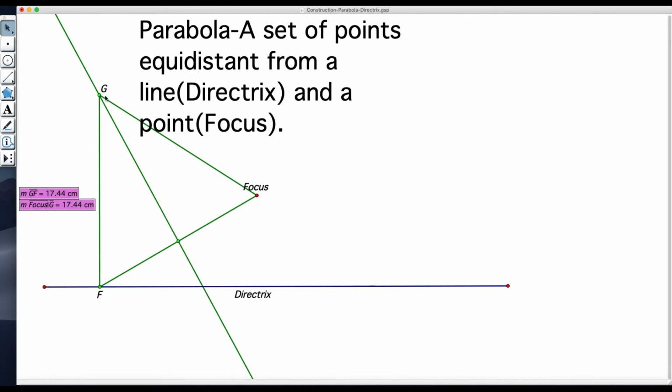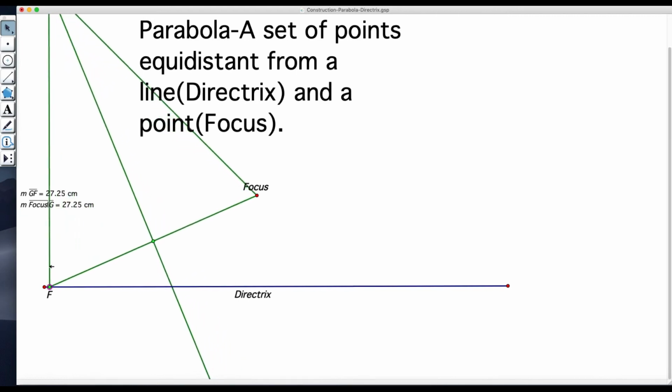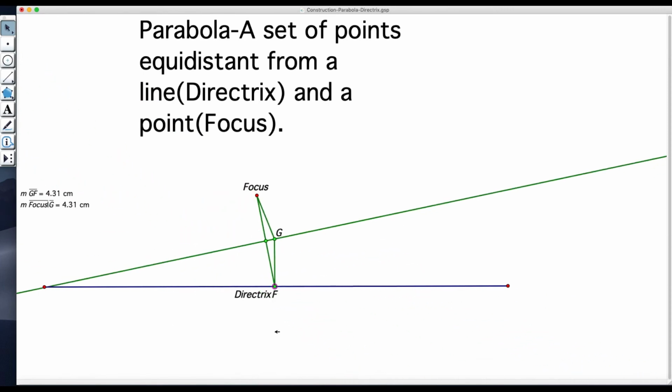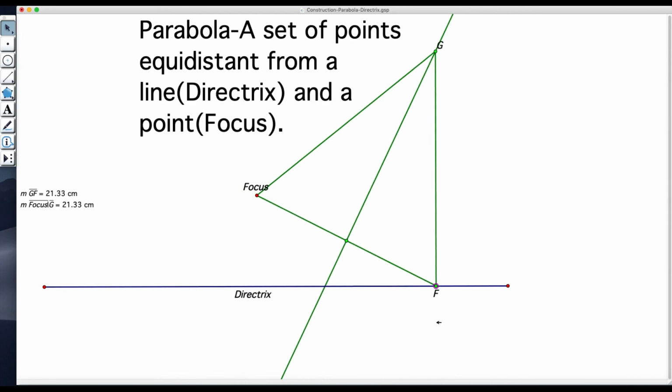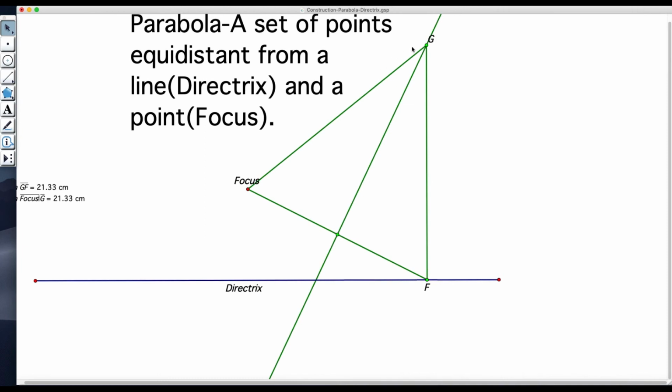Now, as we move around our point on the directrix, we can see that the corresponding intersection point between the two perpendicular lines will move, but the distances will remain constant: the distance from the focus to point G and the distance from the directrix to point G.